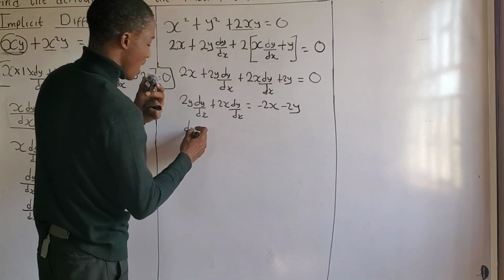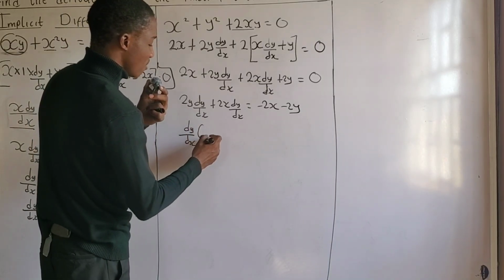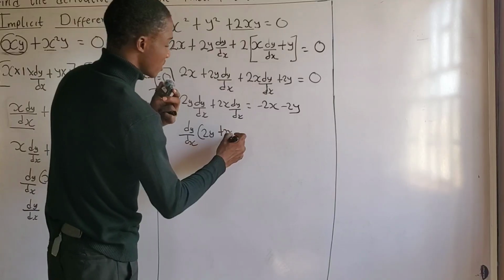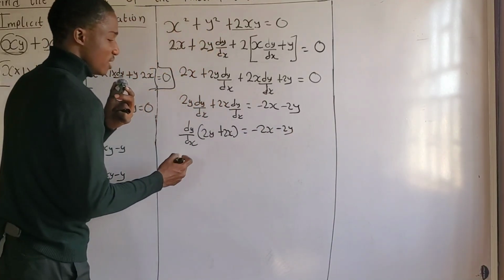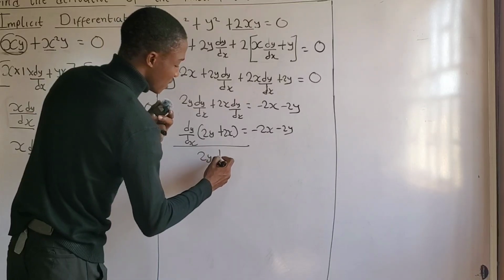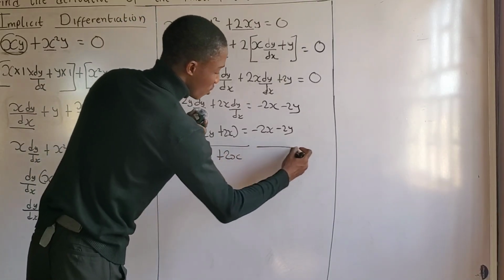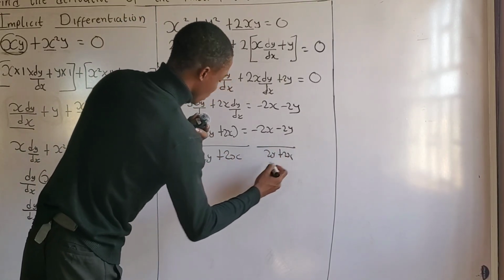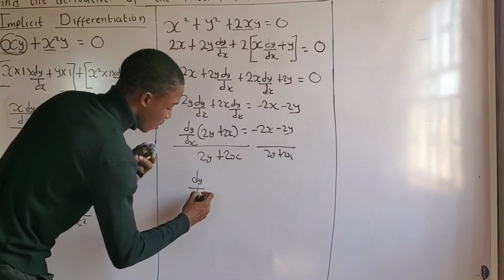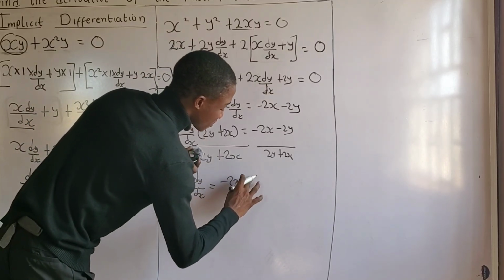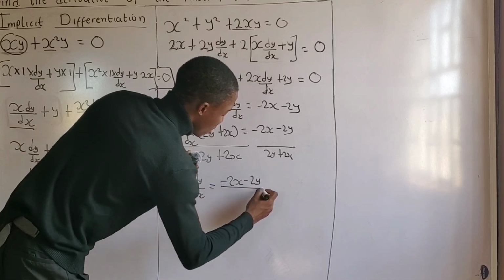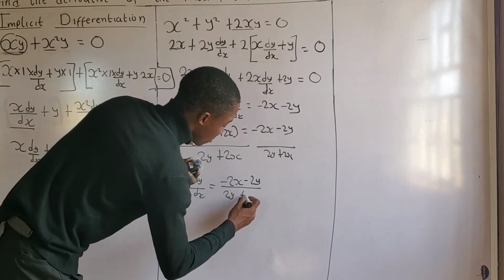So I'm going to have dy over dx multiplied by 2y plus 2x equals negative 2x minus 2y. The next step is that you have to divide both sides by 2y plus 2x. So dy over dx is equal to negative 2x minus 2y all over 2y plus 2x.